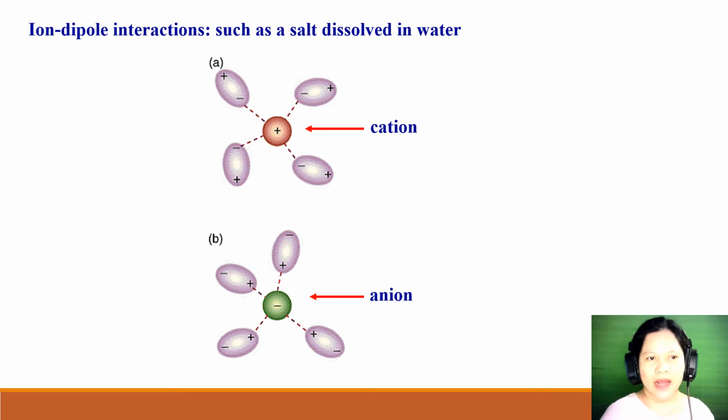This is the ion-dipole interaction, such as salt dissolved in water. Now you have here the cation, which indicates the sodium, and the anions, which indicates the presence of chlorine. So in this example, it is ion-dipole interaction because the 2 molecules are polar in nature.